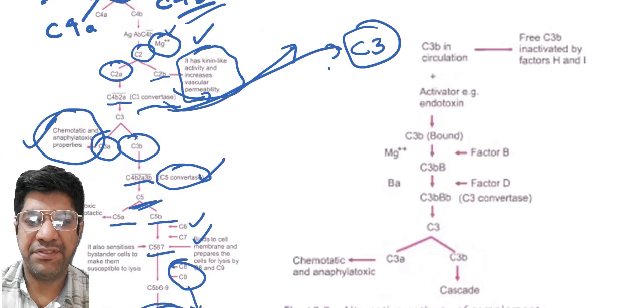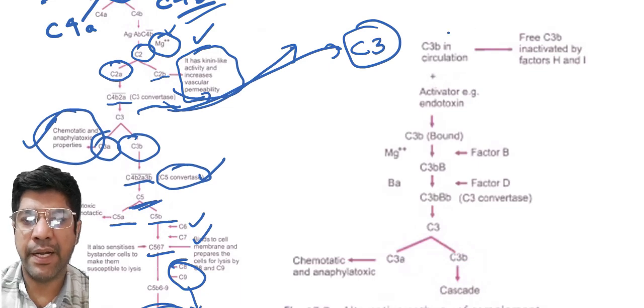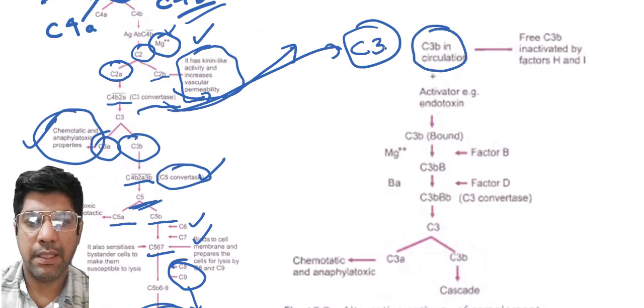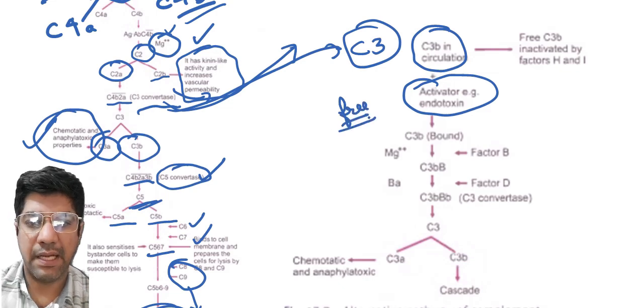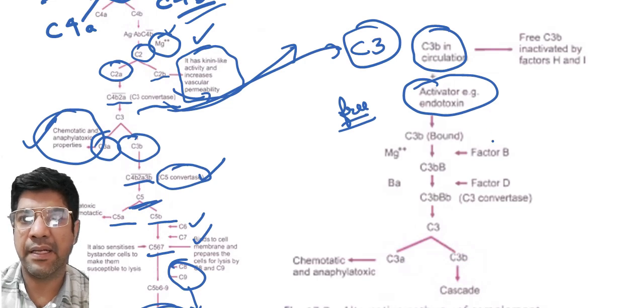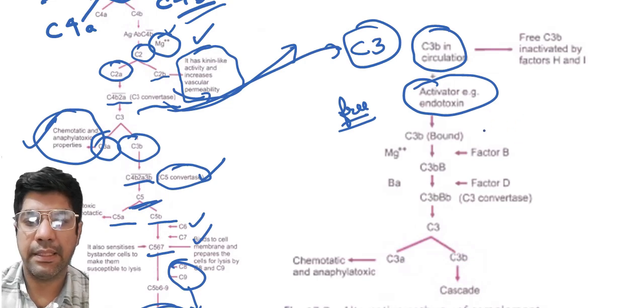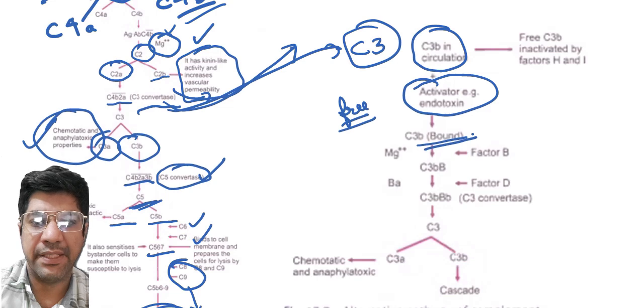The first step involves binding of C3b to an activator. C3b is continuously generated in small quantities in the circulation, where it exists in a free state, and it is rapidly inactivated by serum protein factors H and I. When C3b binds to an activator, it is protected from inactivation.